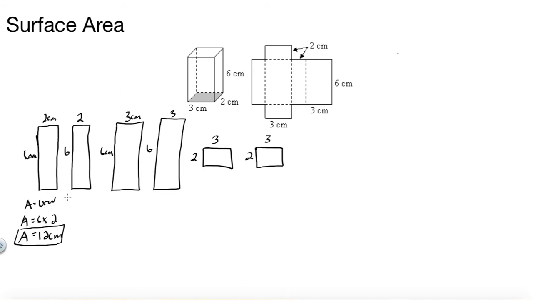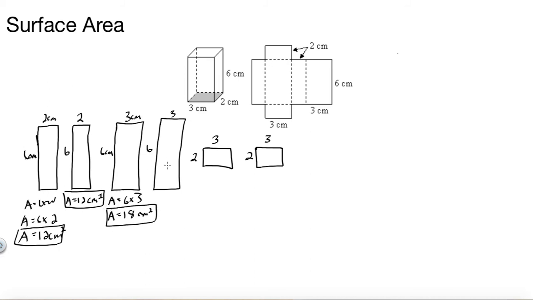This has the same dimensions as this, so we know the area here is also 12 square centimeters. Here, area also is length times width, so we have 6 times 3. 6 centimeters times 3 centimeters, so our area is 18 square centimeters.